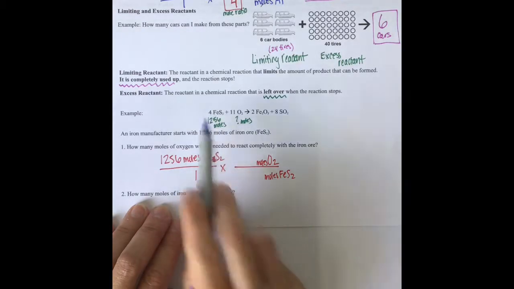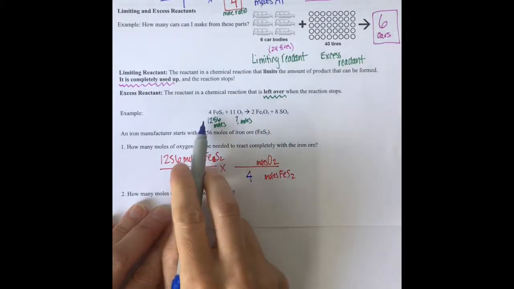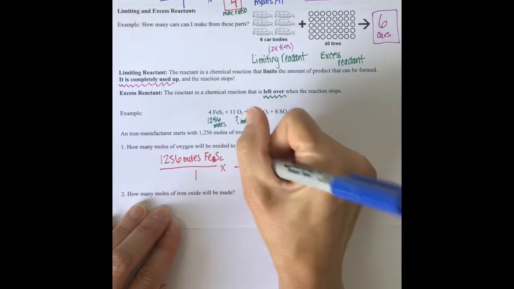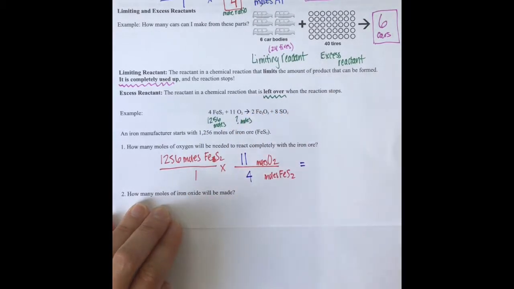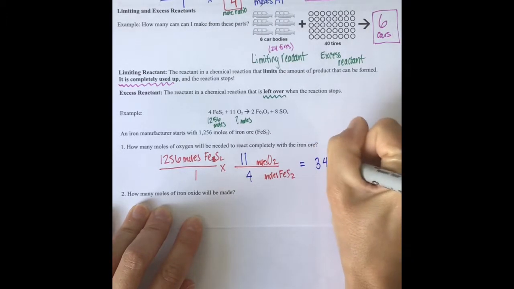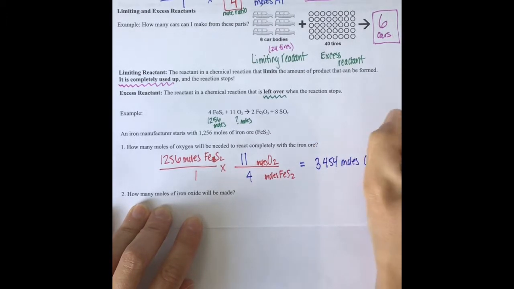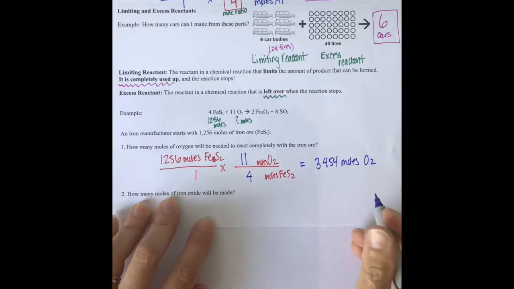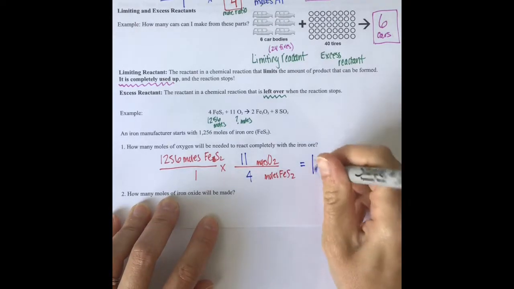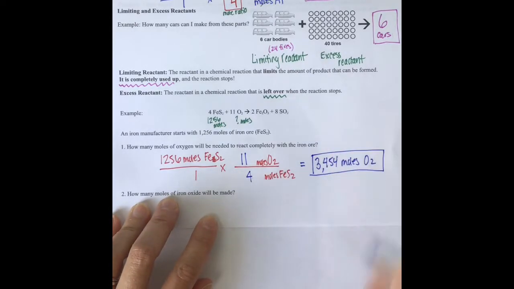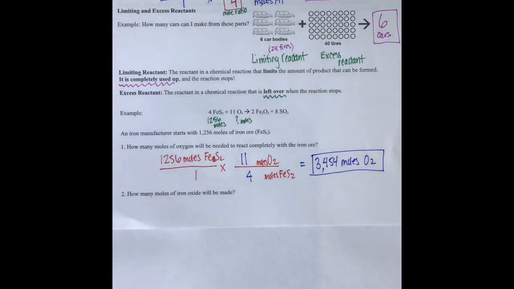Using the mole ratio, we're going to put our 4 with our iron ore and our 11 with our oxygen. So this tells the manufacturer exactly how much oxygen they will need in order to produce their product.